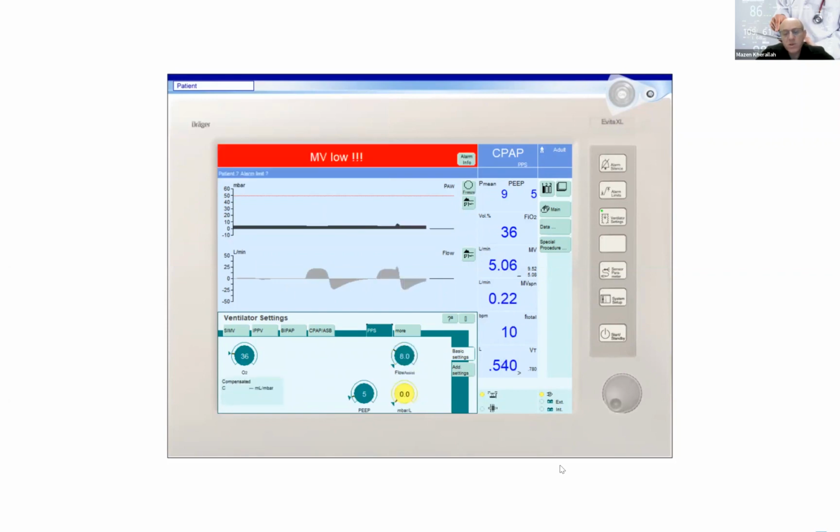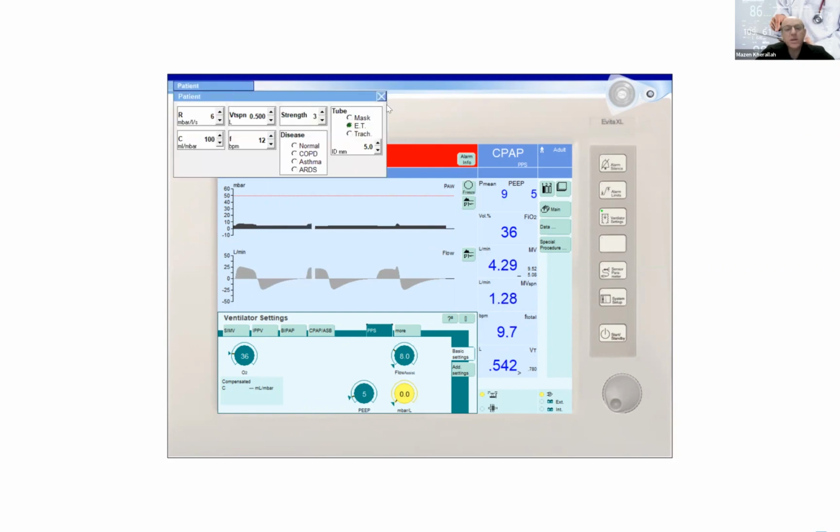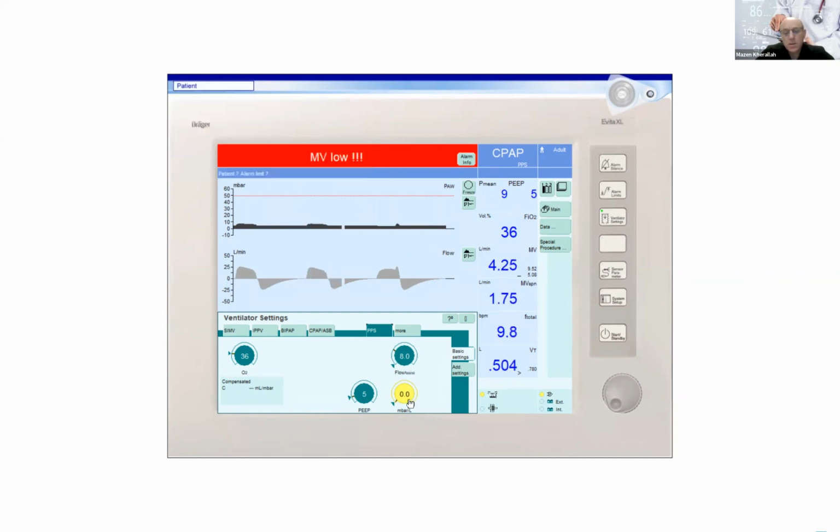And the volume assist is the pressure that's going to be used to overcome the elastance of the lungs. The higher the elastance, the higher the volume assist that you need to put on the machine.